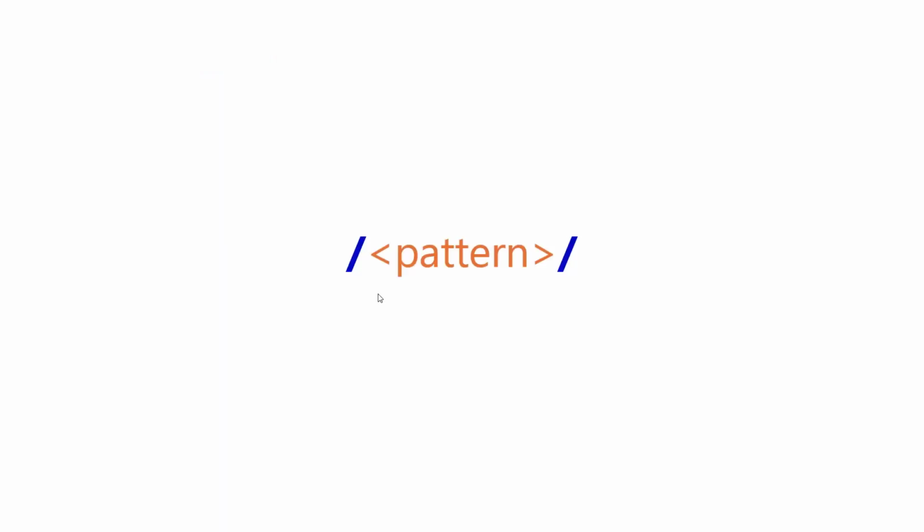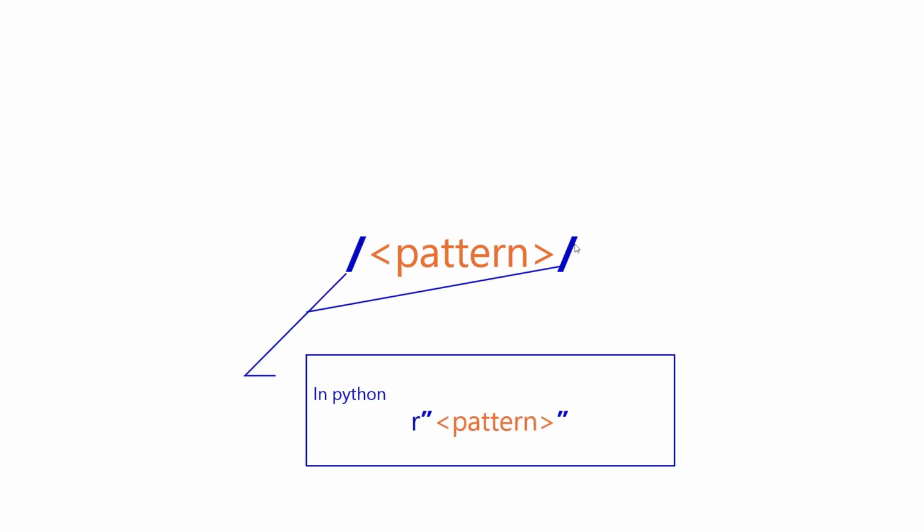When it comes to the pattern in a regular expression, most programming languages use forward slashes, and within the forward slashes we find the pattern. Whereas in Python, in place of the forward slash we use R, then quotes, and within them the pattern.